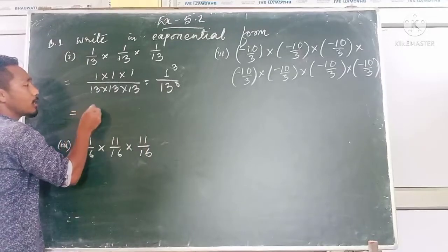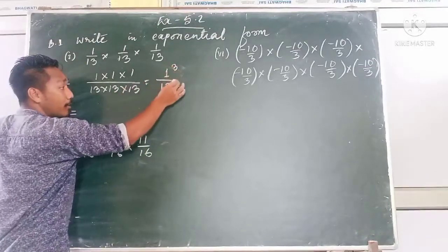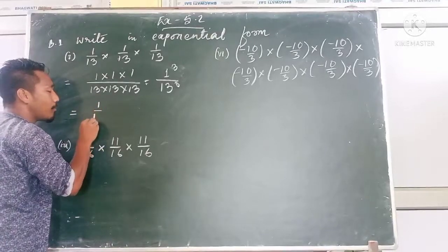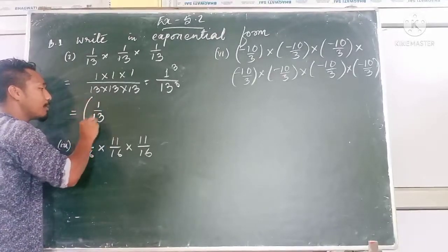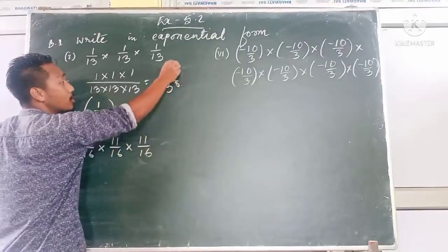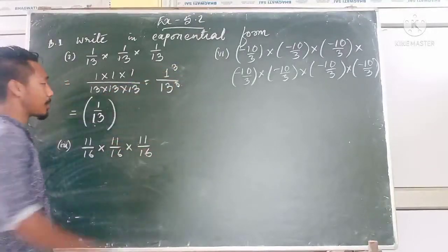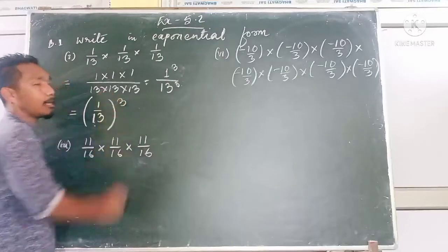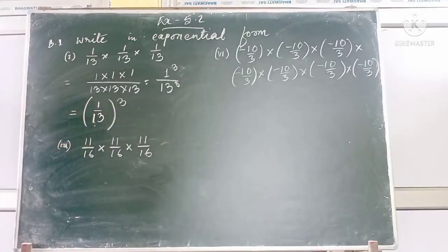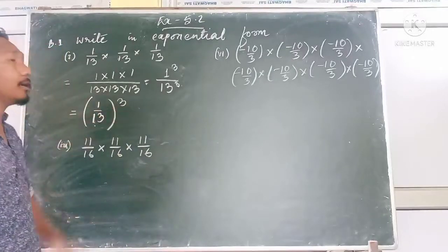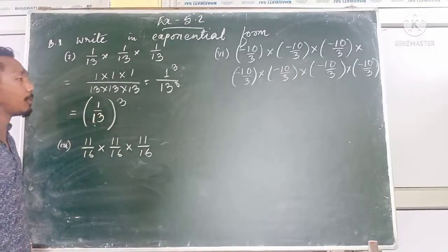Since 3 and 3 are common, we can write a big bracket around 1 by 13, and both powers are 3, so we write the power outside the bracket. That means we can read this as 1 by 13 raised to the power 3.